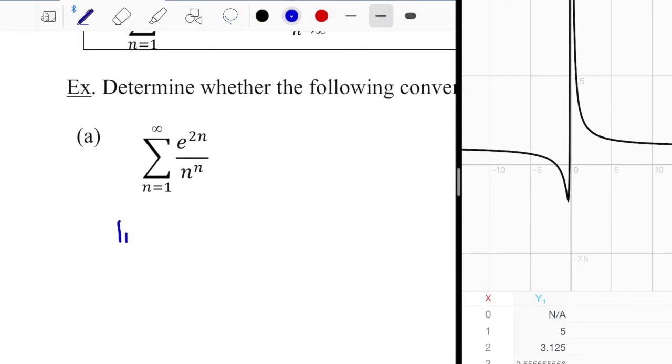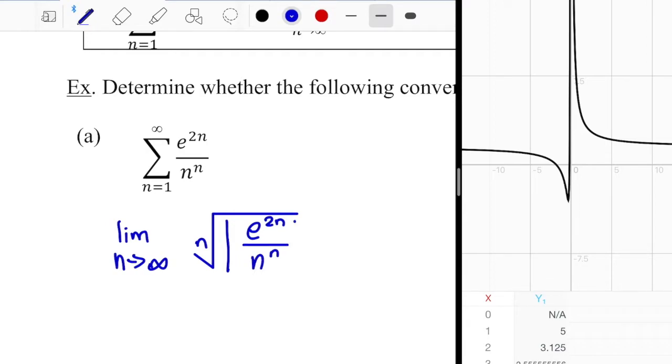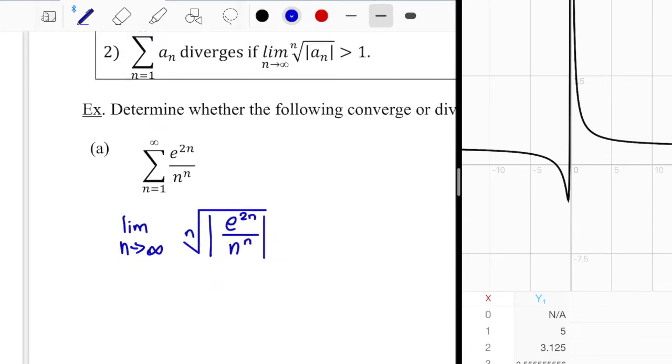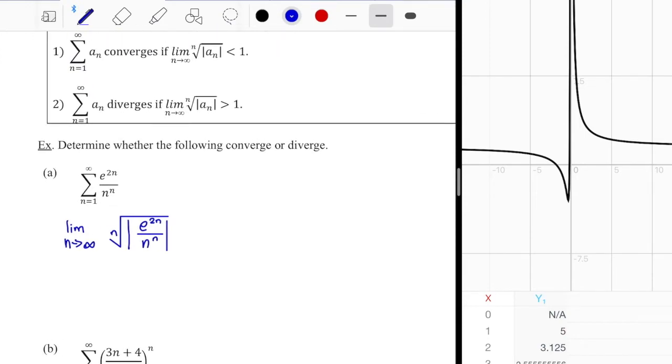So we're going to find the limit as n approaches infinity of the nth root of the absolute value e to the 2n over n to the nth. Now the absolute value we're not really going to have to worry about, for a couple of reasons.